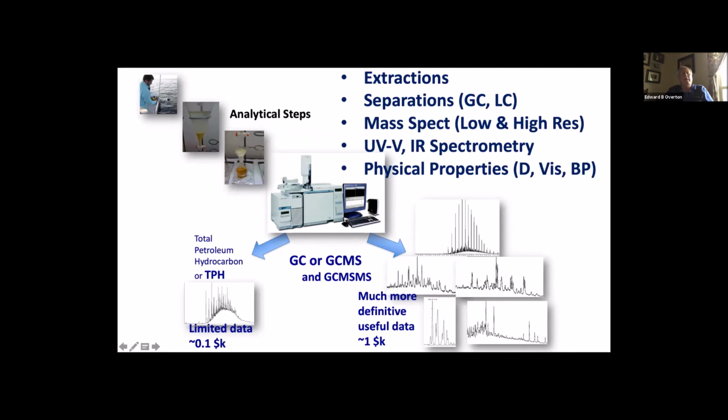That sample, once collected, has to be preserved. When it's collected, it's brought back to a laboratory, and then you go through an extraction process, whereby you take the hydrocarbons that were in the sample and move them out of the water background into an organic solvent like hexane or methylene chloride.